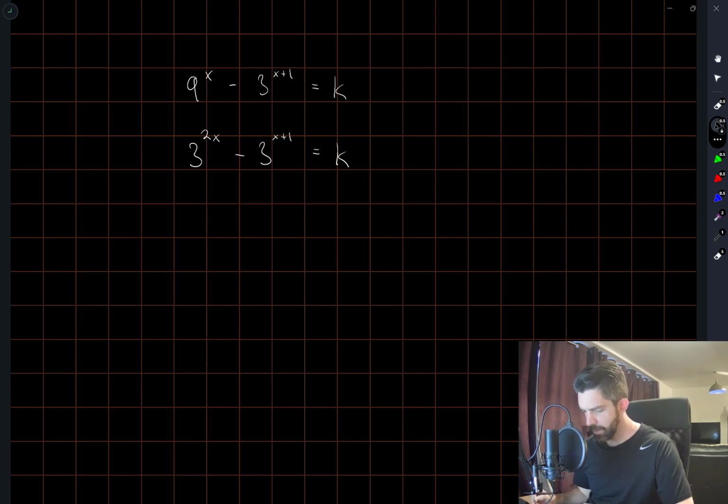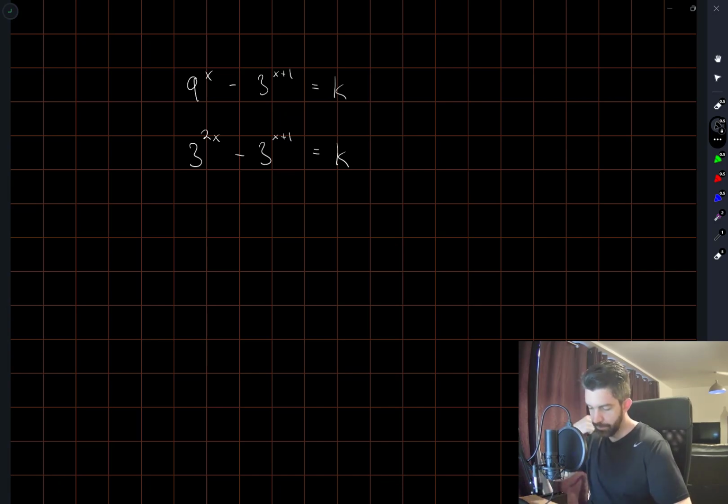Maybe it'll be by finding the minimum and maximum value of this function of x on the left-hand side. So there is no maximum, because as I allow x to approach infinity, this term will grow faster than that term. So it's unbounded from above.